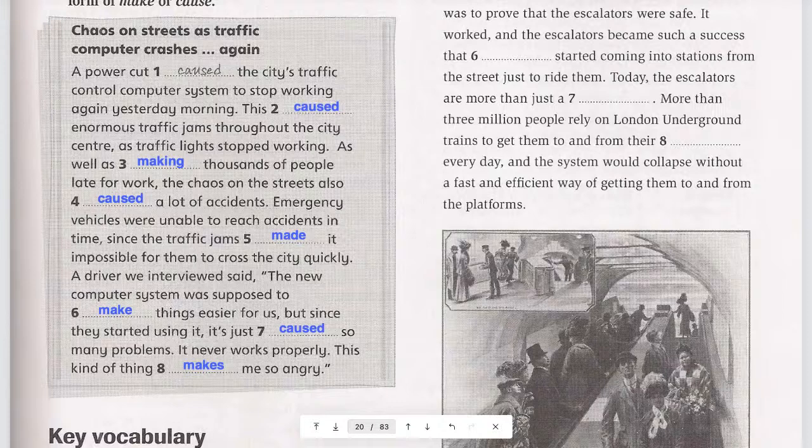Because that is the subject of the sentence, the verb standing next to it, was, is the main verb. And you look at that main verb and you say, okay, this sentence is in the past.